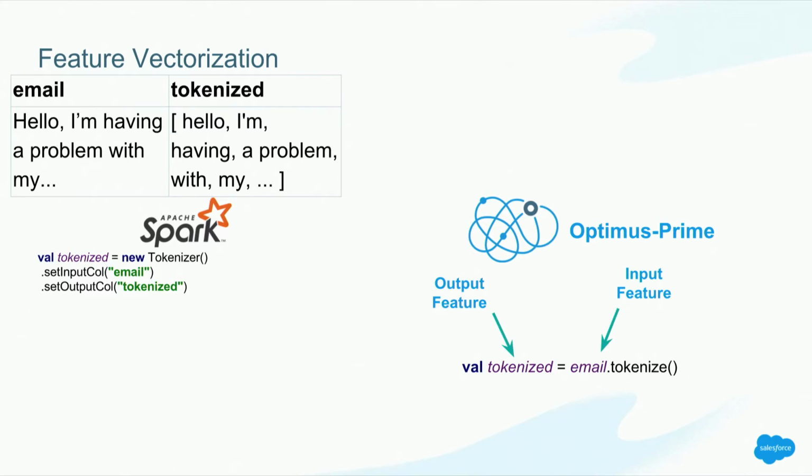Our input and output features are implicit here, so we don't need to specify those. Because we know the types, we can do a typed transformation. That email is a text field, and we know a lot of times on text fields you're going to want to tokenize them, so they have a tokenize method as well. The same things are happening on the back end, but we have a simpler interface for them.